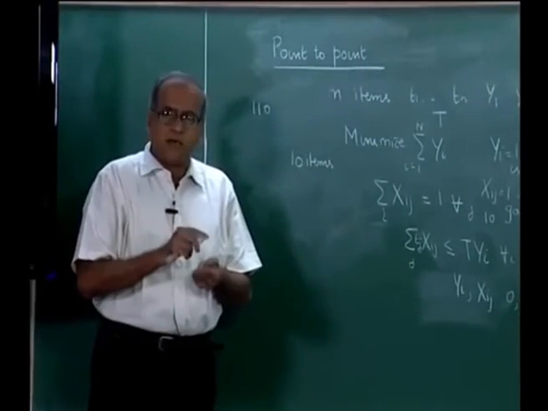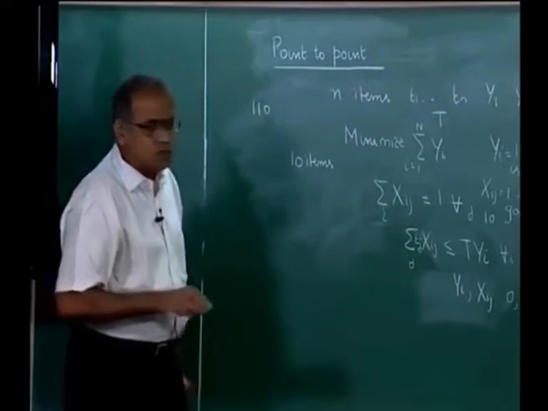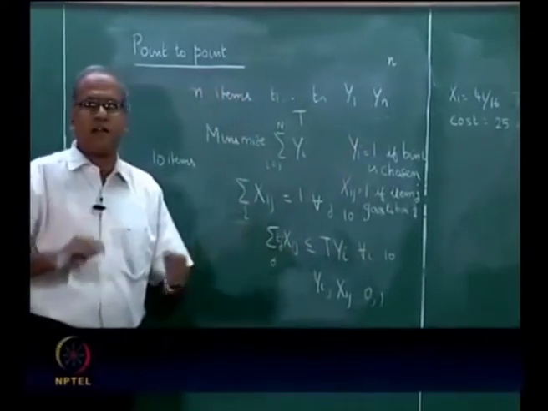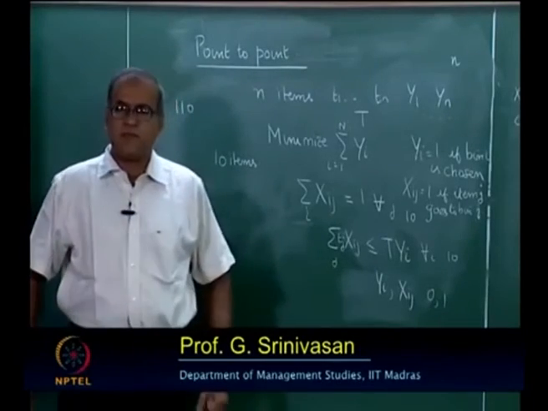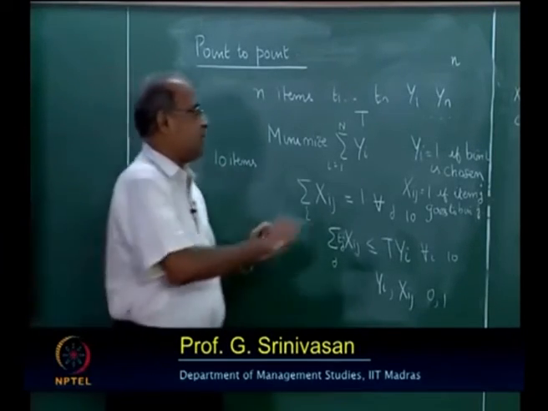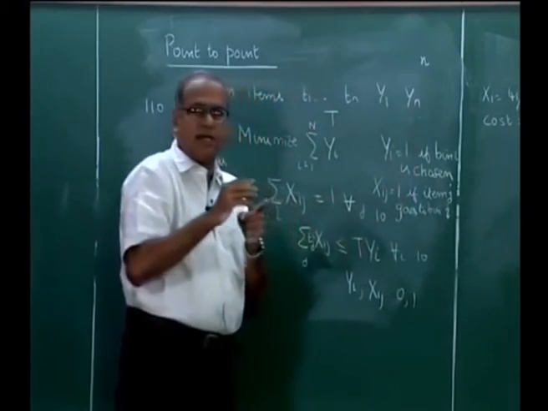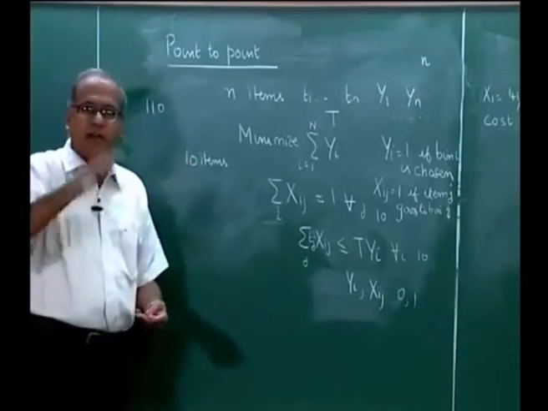Alternately, we could think in terms of some other heuristic or thumb rule based algorithms, which would say that instead of a maximum of 10, we may be able to pack this in say 4 or 5 bins. Then if we restrict the number of bins from 1 to 10, we can bring it down to 1 to 5, and the number of variables and constraints will reduce.